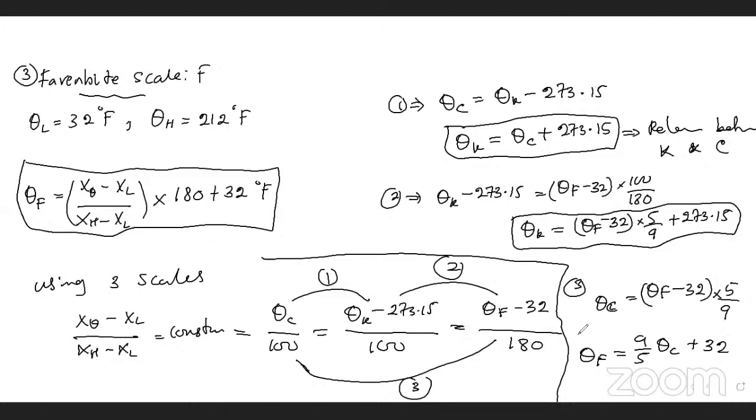So for conversion from Celsius to Fahrenheit, you can use this equation. Okay, these are the three thermometer scales and their relations: between Celsius, Kelvin and Fahrenheit, and between Celsius and Fahrenheit.